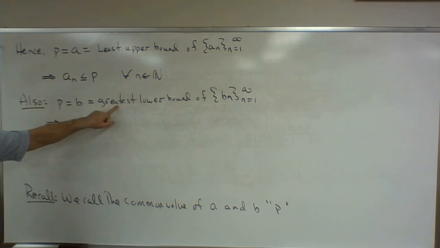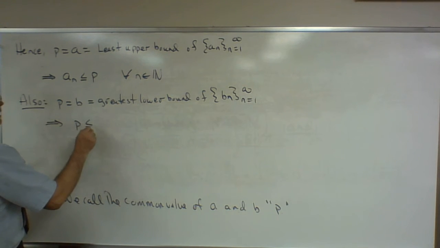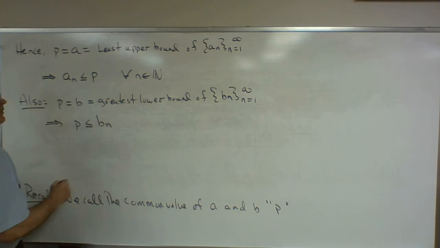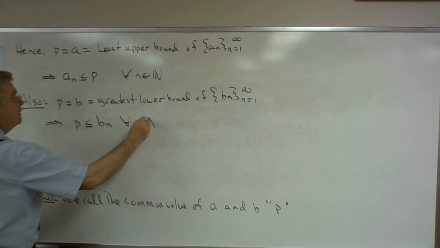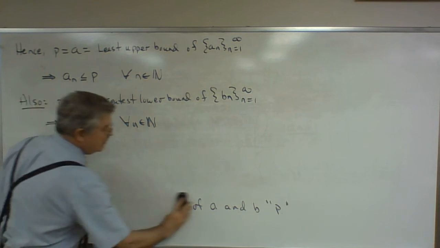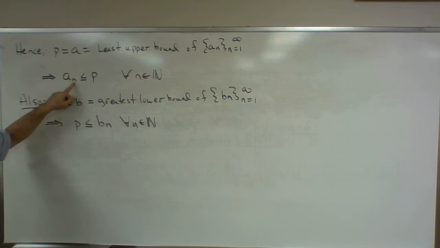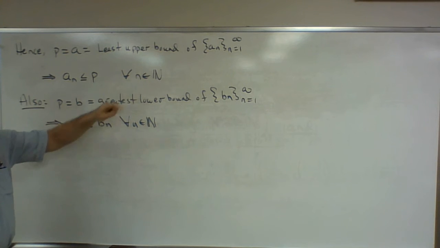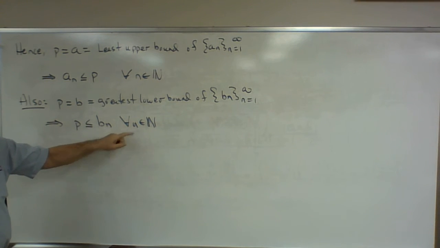P is the greatest lower bound of that sequence, so that means that p is less than or equal to b sub n for all n in capital N. P is greater than or equal to a sub n for all natural numbers n. P is less than or equal to b sub n for all natural numbers little n.